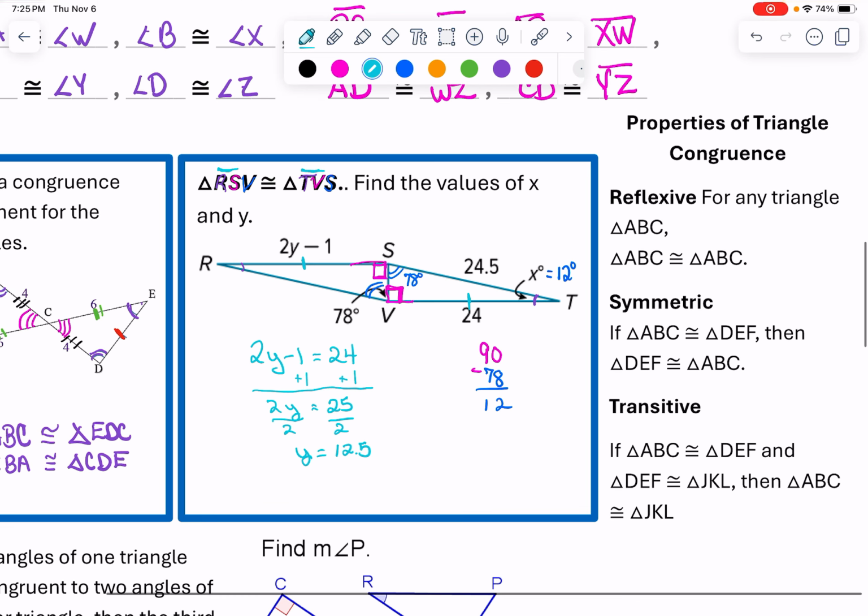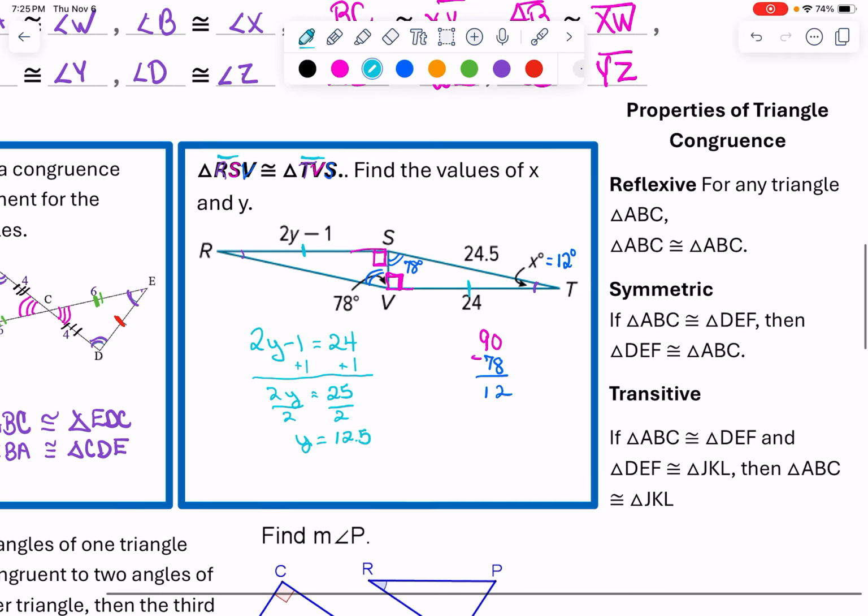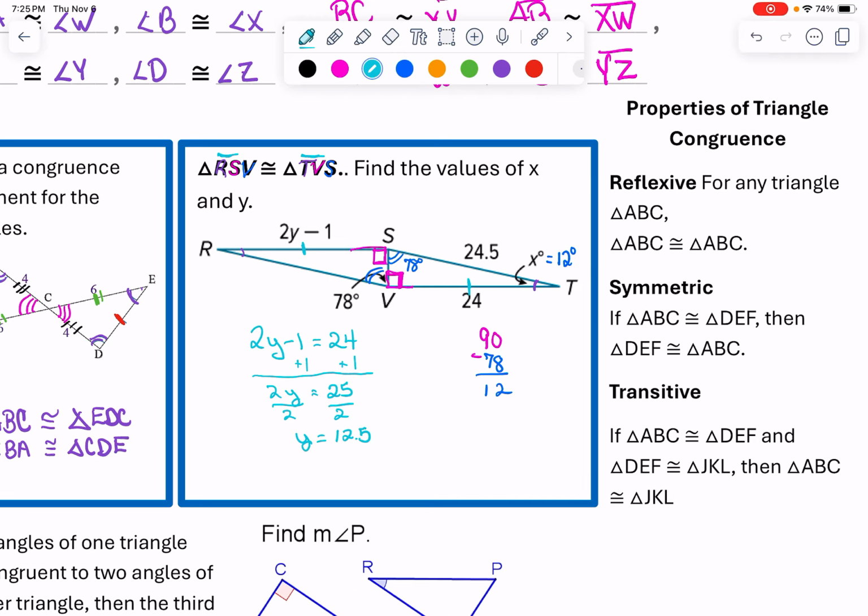All right, 2 other things to mention. We have properties of triangle congruence, and reflexive says for any triangle ABC, triangle ABC has to be congruent to itself. So reflexive is similar to a reflection in the mirror. When you look in the mirror, you see yourself.